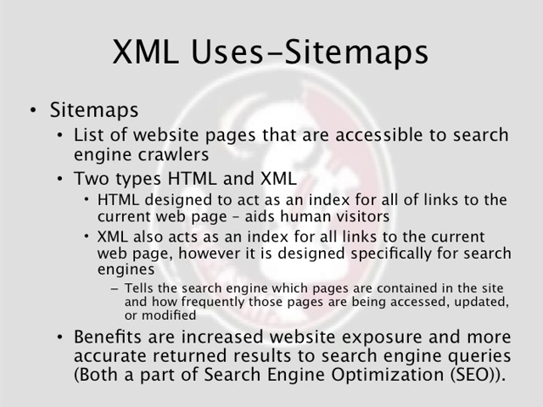You can navigate every connected web page to that site from the index. XML also acts as an index, but it's specifically designed for search engines. So it tells the search engine which pages are contained in the site and how frequently those pages are being accessed, updated, or modified.